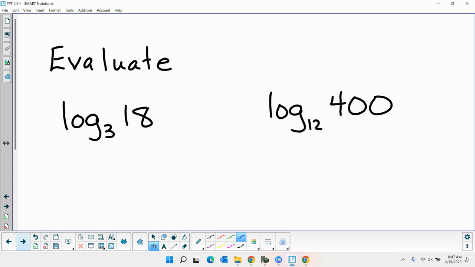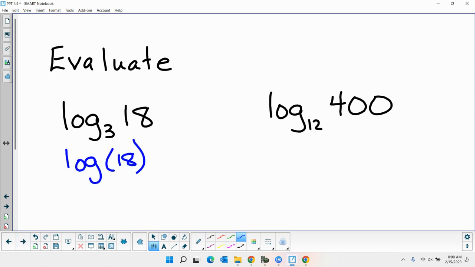Do the second one. Yeah. Close it. All right, so hopefully you typed it in correctly, but this is what should be typed in.